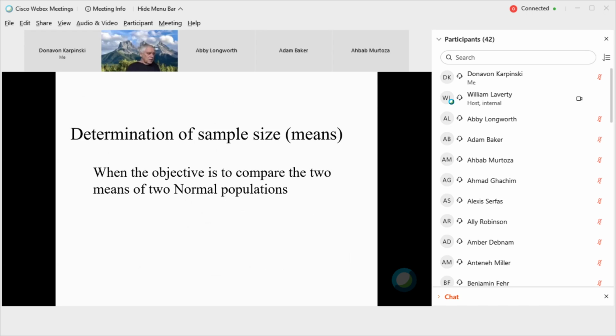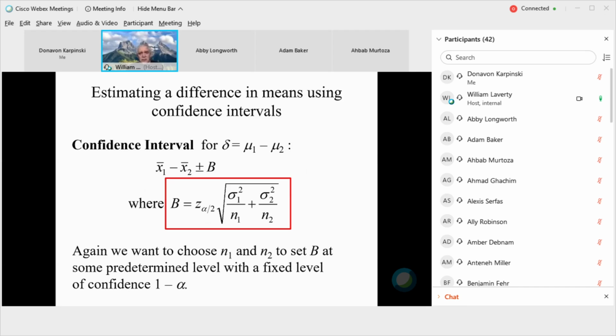The same can be done for comparing means of two normal populations. There's the error bound. Notice that the error bound will depend on N1 and N2.